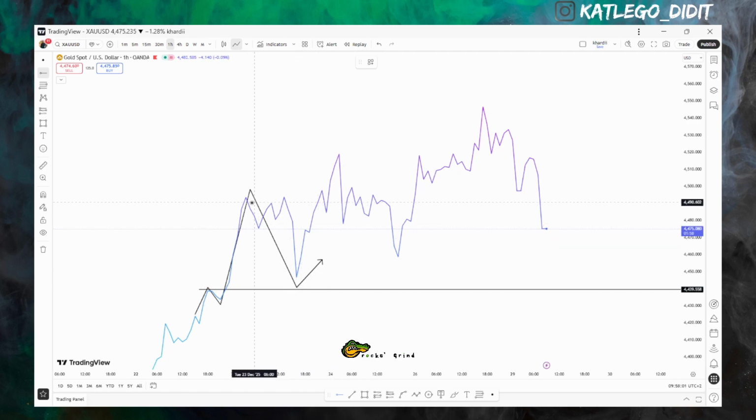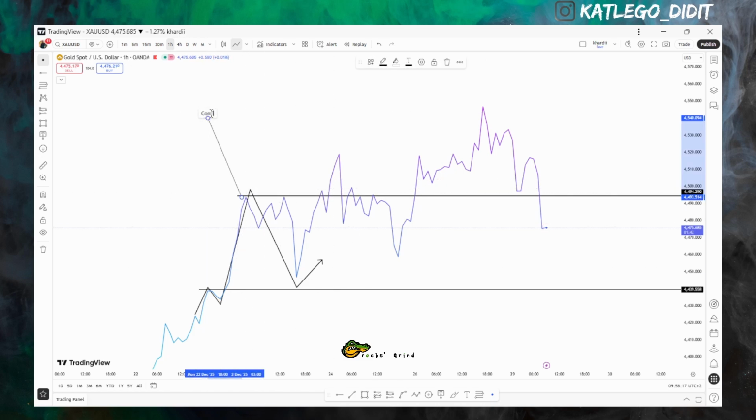Then we're going to cater for also this high, and this high is not just a high. As you can see, the market has indeed broken outside this last high, right? So I'm going to cater for this high as well.